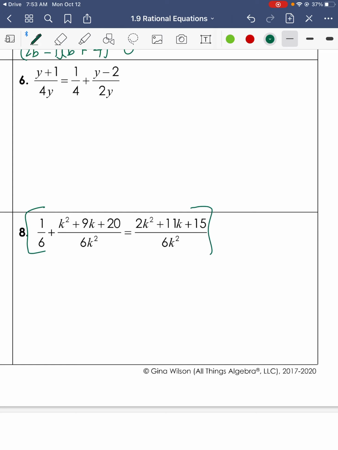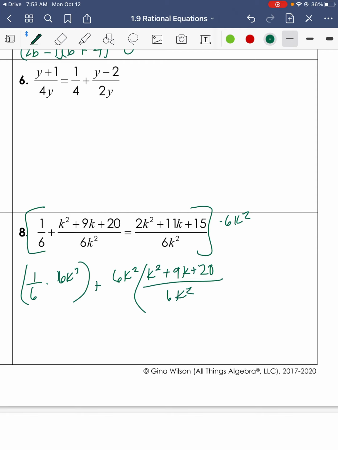We said we're multiplying everything by 6k squared, so we're going to have 1 over 6 times 6k squared plus 6k squared times k squared plus 9k plus 20 over 6k squared, and then that is equal to 6k squared times 2k squared plus 11k plus 15 over 6k squared.